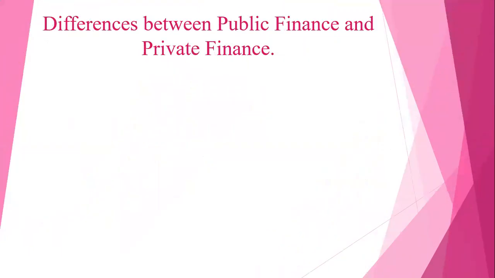Now, number one, objectives. The most fundamental difference between the two is that while private finance is governed by the profit motive or by the prime consideration of economic return, the government is chiefly guided by political, administrative, and social benefit considerations.